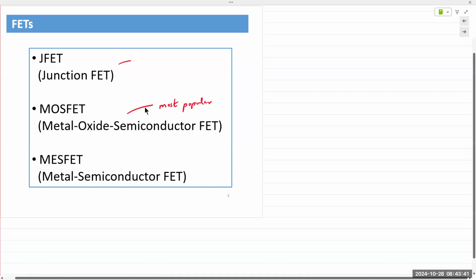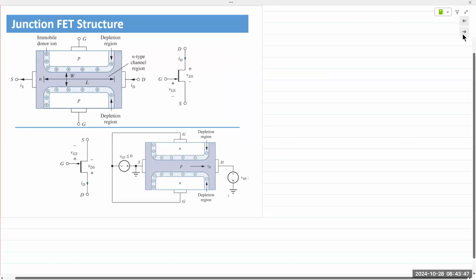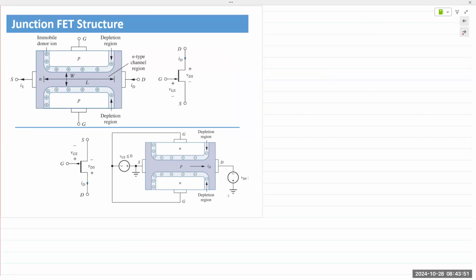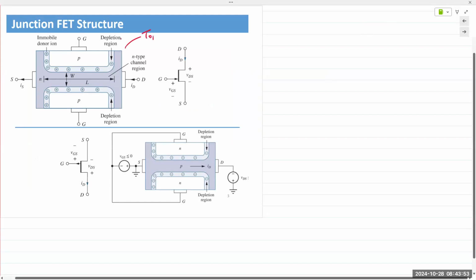All right, so let's look at the basic construction of a junction FET, JFET. You can view this as a top view of the device. Remember the silicon wafers we saw?